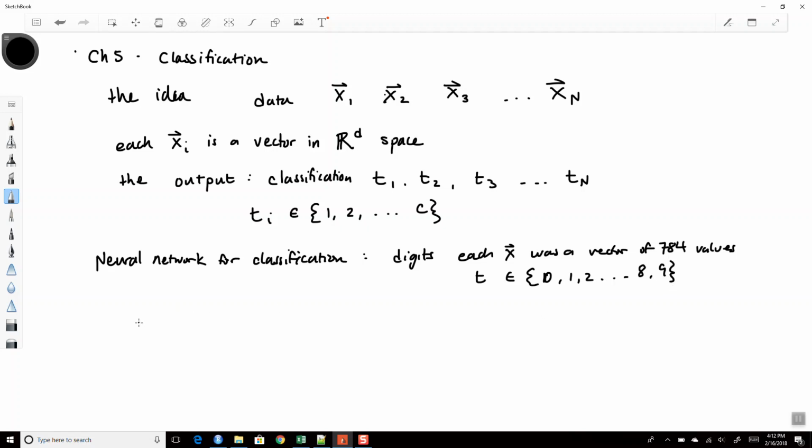Then you also had the iris, and each x was 4 columns, a vector of 4 values: petal width and length and sepal. And you had three species. Class was one of 3 species. Okay, so that's what we have.